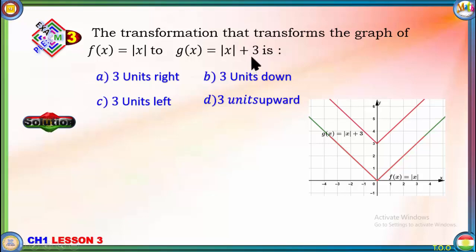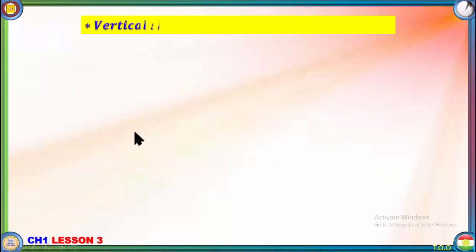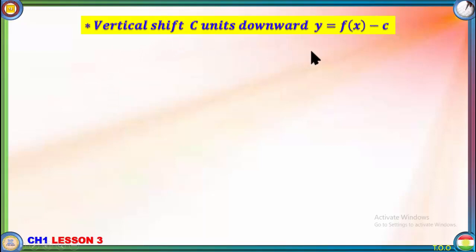That means 3 units upward. That means D is the correct answer. And if we see the graph here, moving 3 units, 1, 2, 3 units, and we get the graph of g(x).